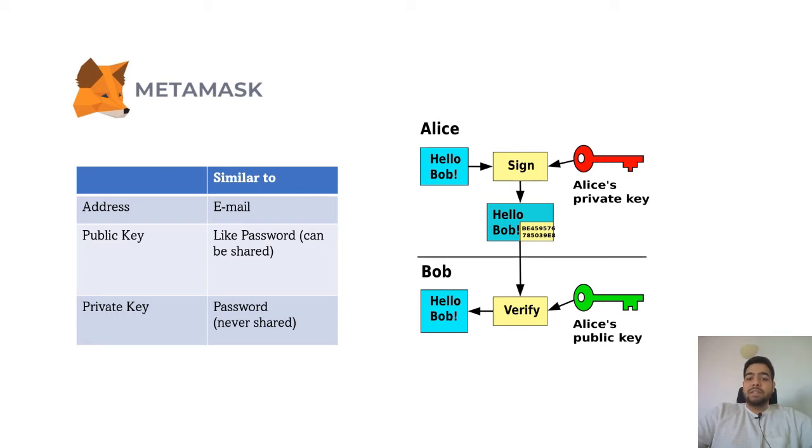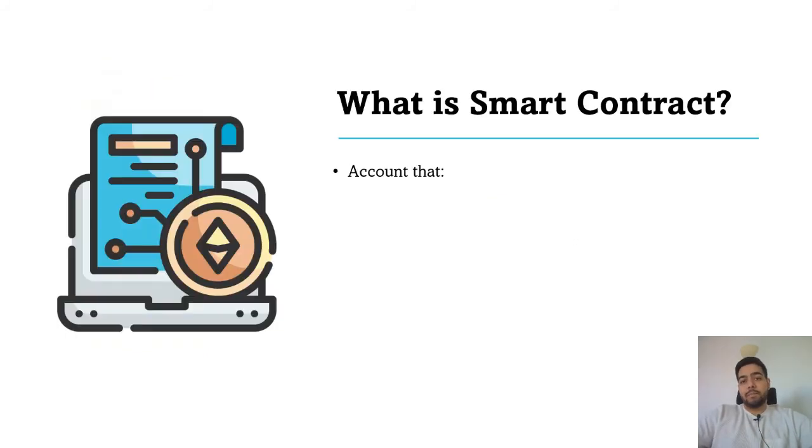Now, Bob, when he receives this signed message, he can use Alice's public key to verify whether this message has come from Alice or not. So this is an amazing way in which people can verify who has signed a particular transaction or message, and they can know the source of it for sure.